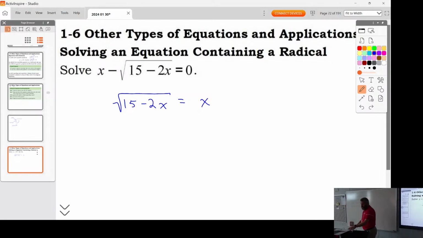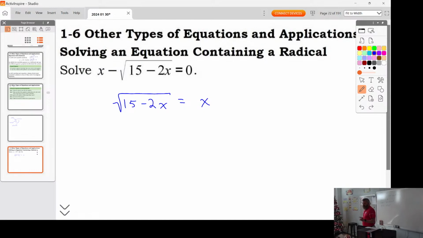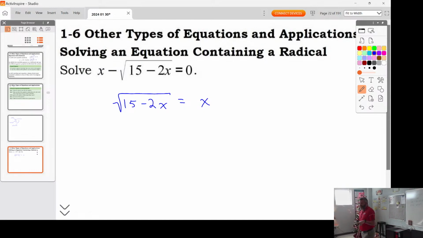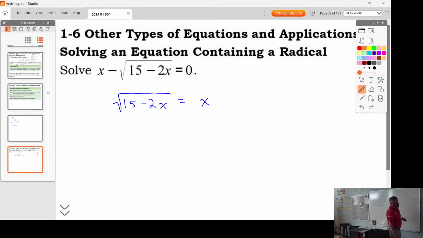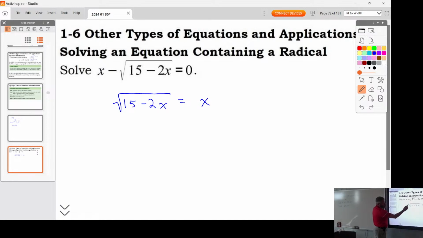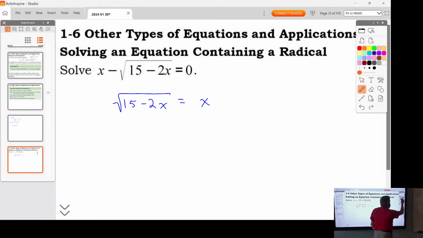Do I have a radical isolated? Yes. What is the index? What number did we not see that's right here? We call it a square root. So what number is right here? There's a 2 there, right? So to undo a square root, we will square both sides.